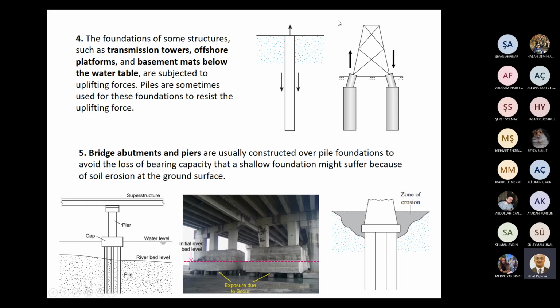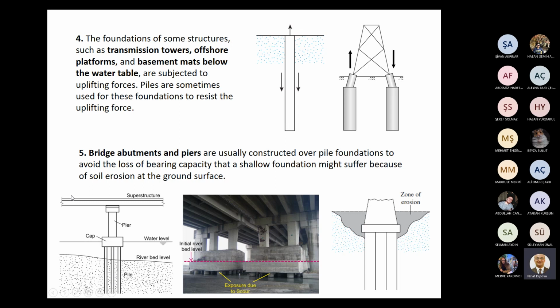Due to wind loads or any lateral load, one side of the foundation is under compression, but the other side may be in tension. So, to support these tensional forces, pile foundations are used to resist this kind of uplift forces.